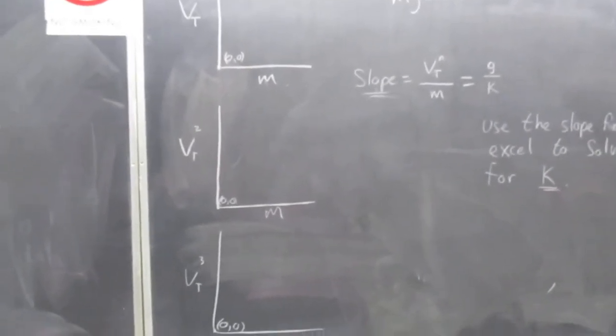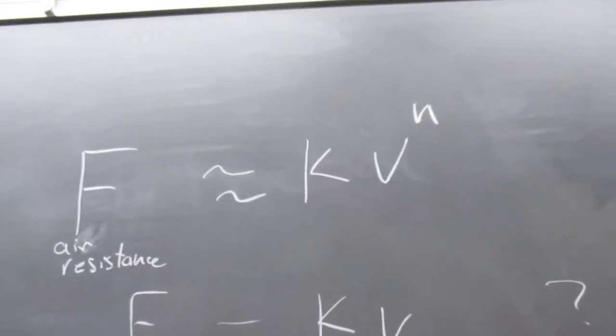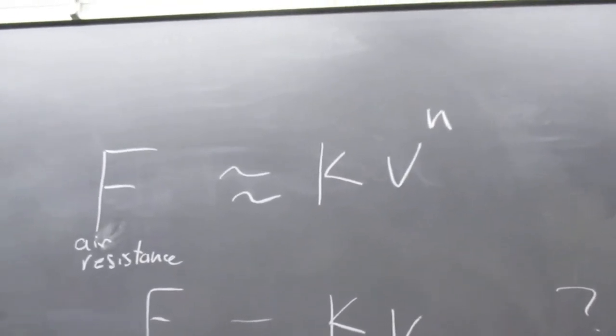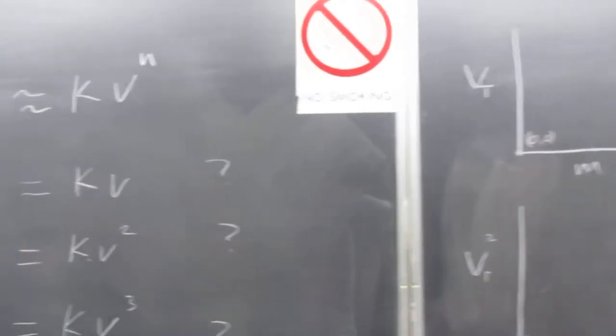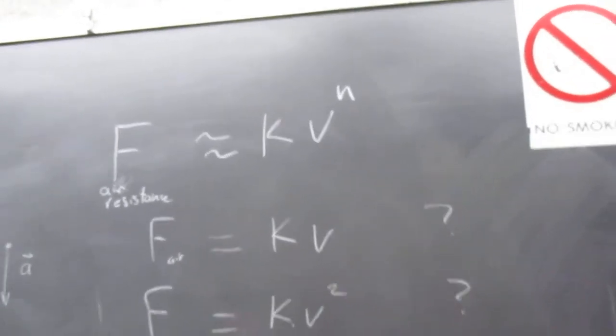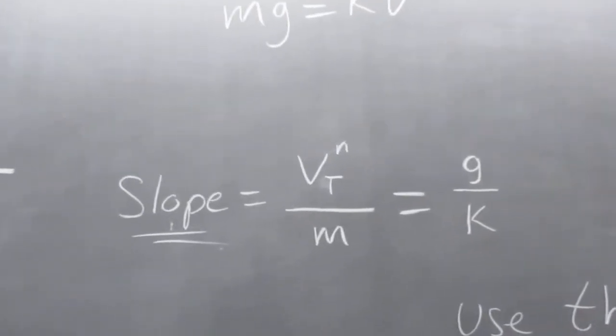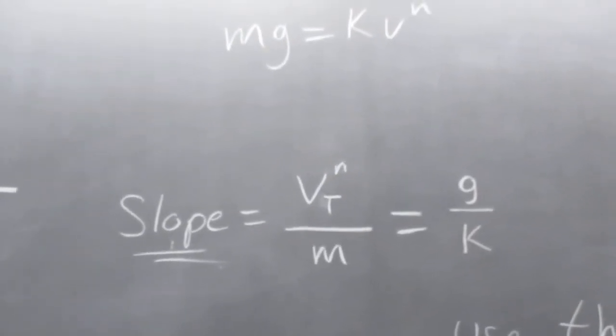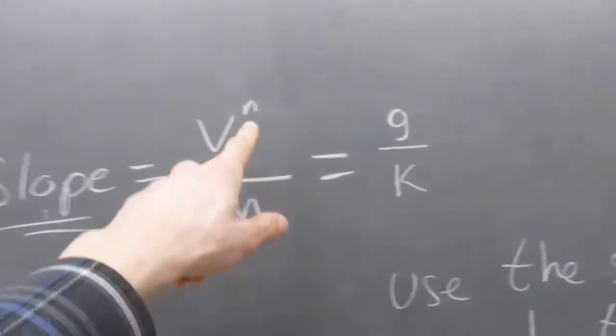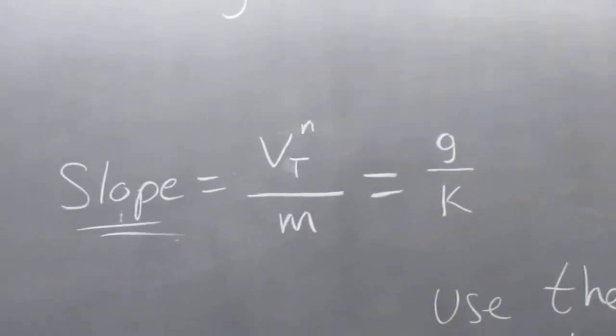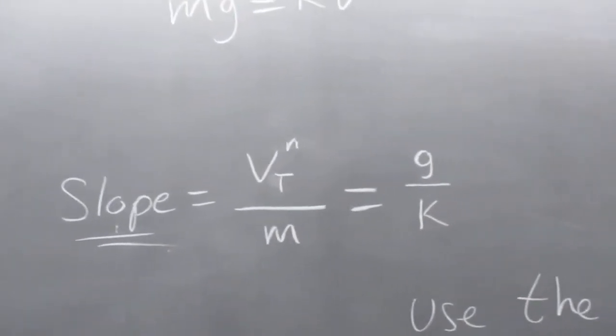So this is going to be an experimentation on finding a model that works for the force of air resistance. Now this constant k we can calculate. So in each case, our slope is equal to rise over run, which is our terminal velocity to whatever power, 1, 2, or 3, divided by m.